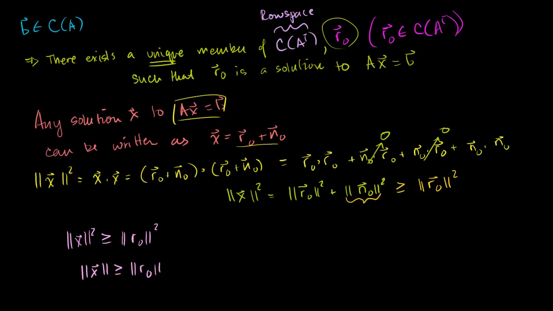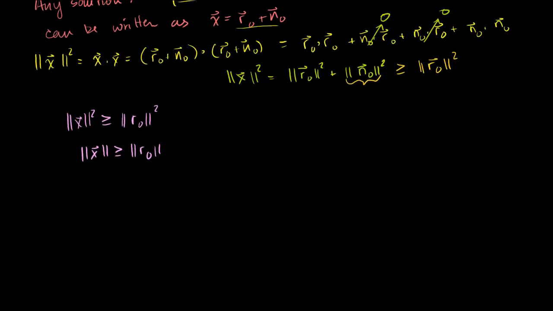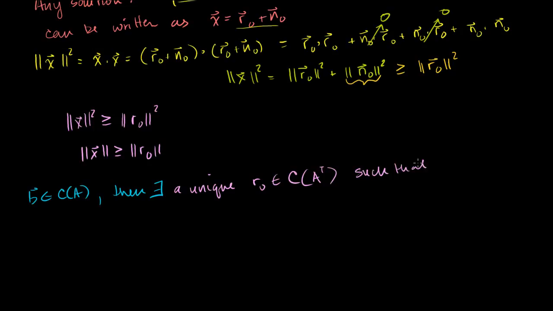So now let's write our entire statement, everything that we've learned in this video. If b is a member of the column space of A, then there exists a unique r naught that is a member of the row space of A, such that r naught is a solution to Ax is equal to b.